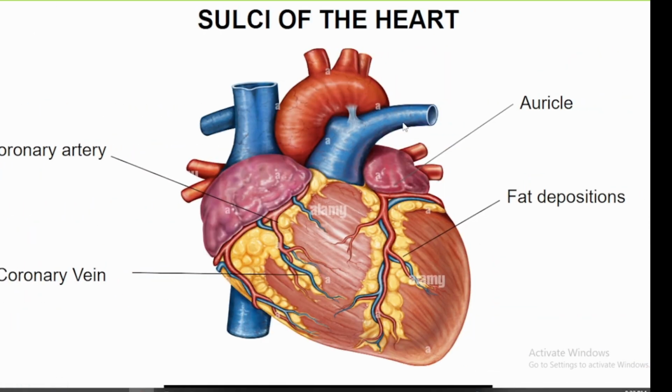So, the sulci of the heart, I said comes in the form of what? Ridges or like gutters. Do you understand? On the heart. So this is a sulcus, singularly sulcus, and plurally sulci.